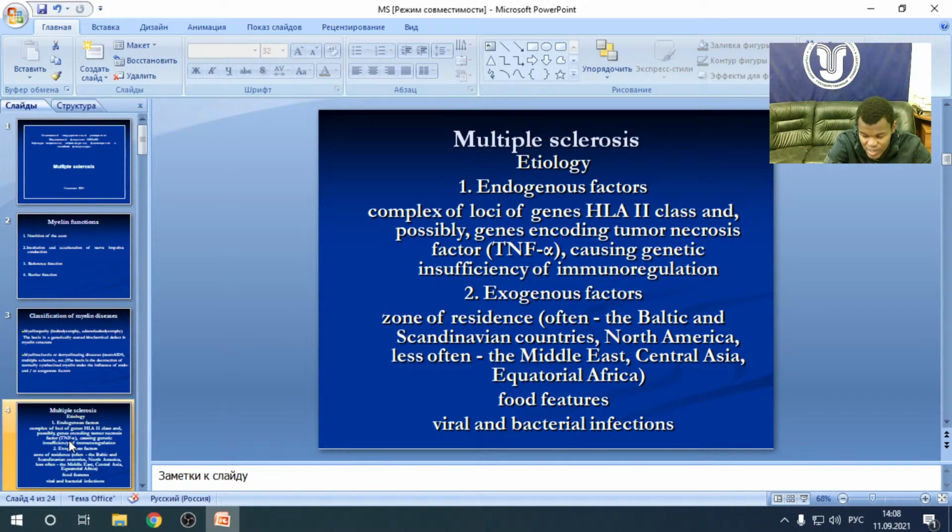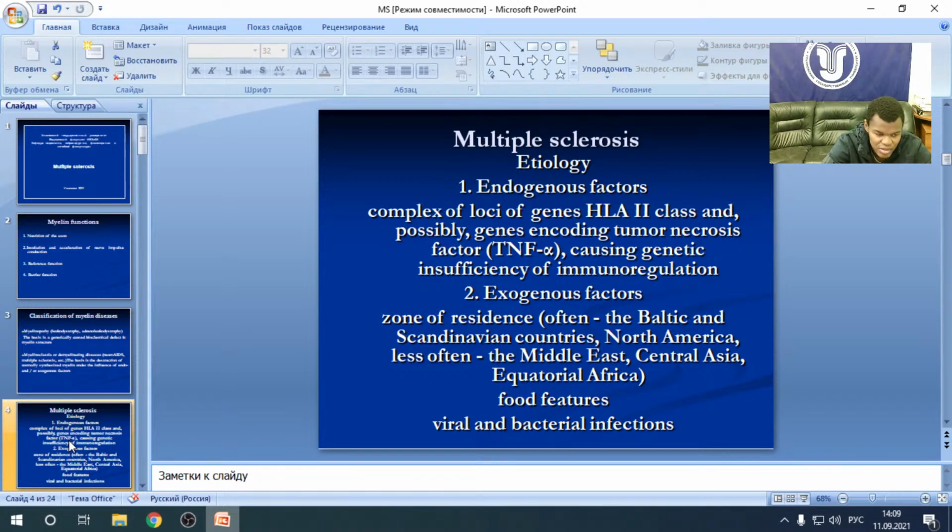Now, exo means out, also from Latin. Whenever you hear exo factors, it means outside. Here, look at where you can mostly meet MS: in the Baltic or Scandinavian countries, North America, and less often in the Middle East, Central Asia, or Equatorial Africa.